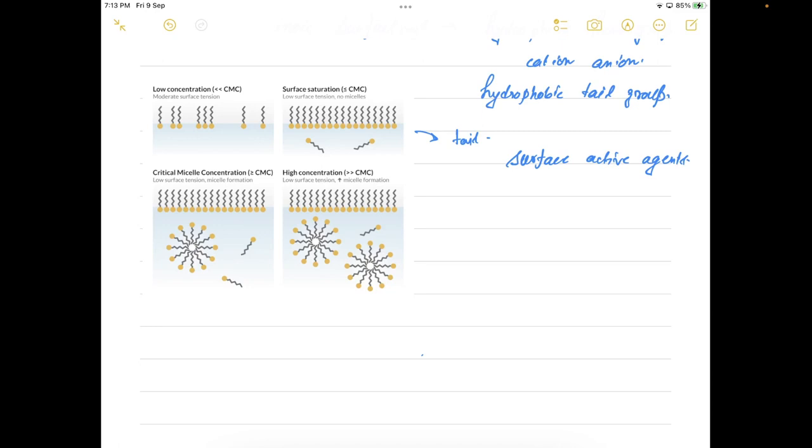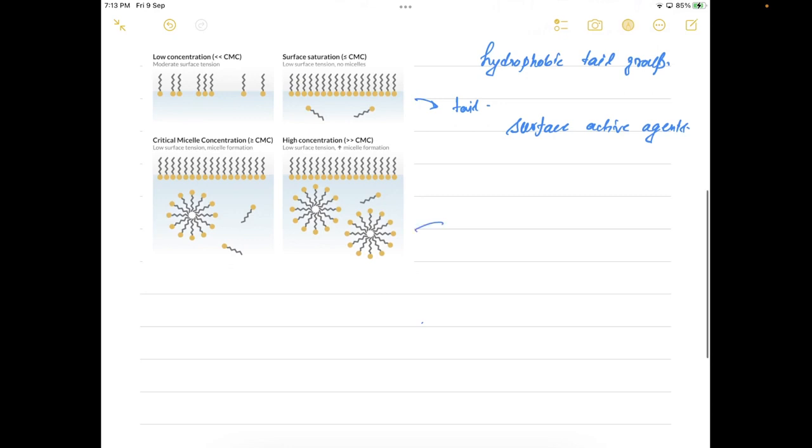Then if we keep on adding surfactant molecules, they keep depositing on the surface of the water. At a particular concentration, when the surfactant molecules have completely covered the surface of our system, then if we keep on adding surfactant molecules, they start to form micelles. This is what a micelle looks like.